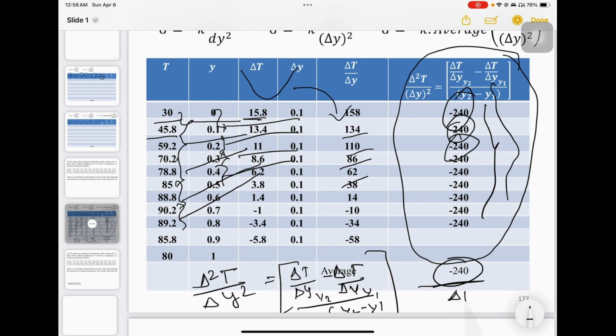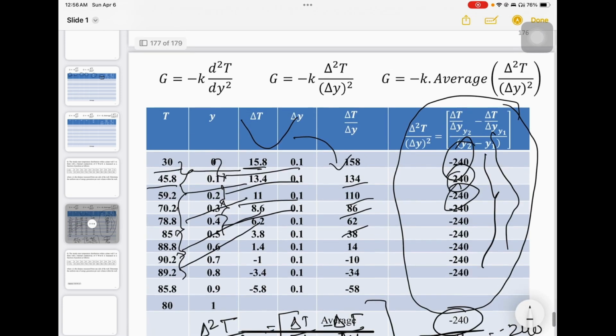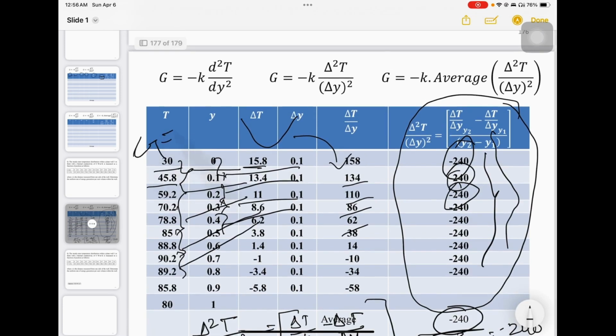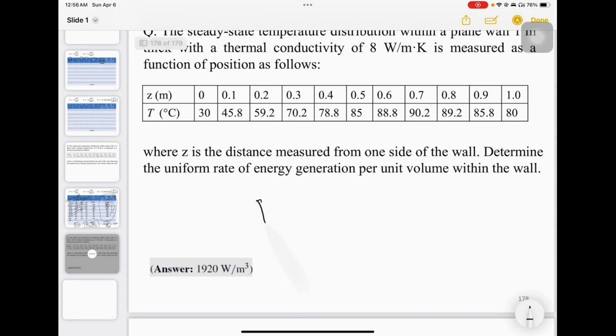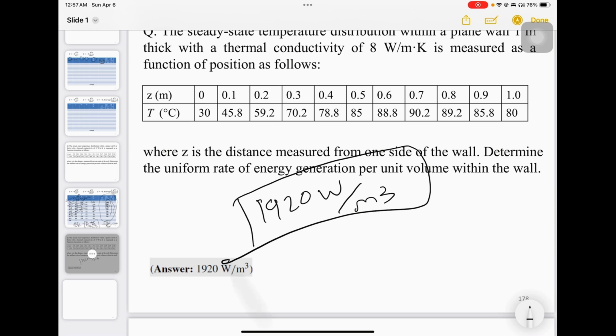Therefore, delta square T by delta y square is equal to minus 240. And according to our formula, G comes out to be minus 240 into 8, which will be 1920 watt per meter cube. Thank you. That's all for the numerical part.